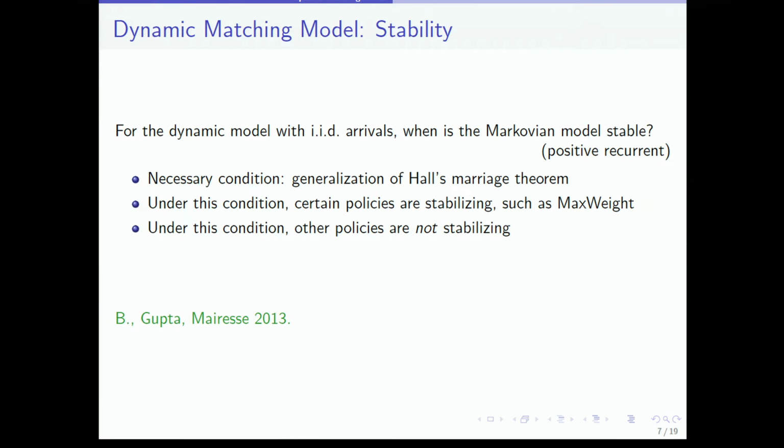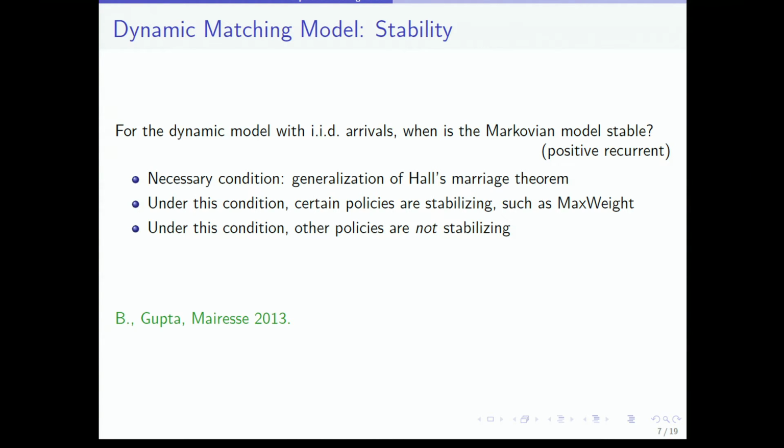Necessary conditions are given by a generalization of Hall's marriage theorem. It's actually exactly the same conditions, but with strict inequalities. And the proof uses network flow arguments in graphs.